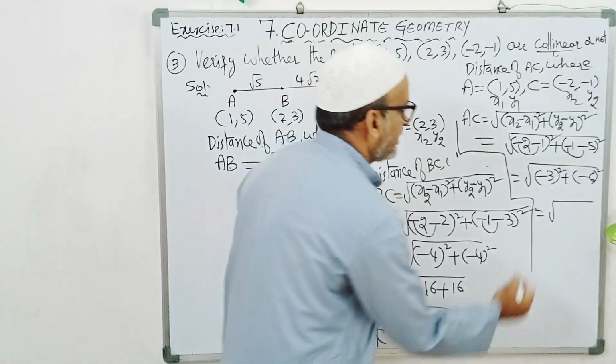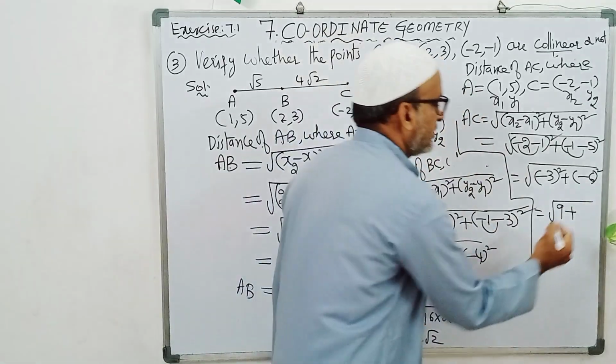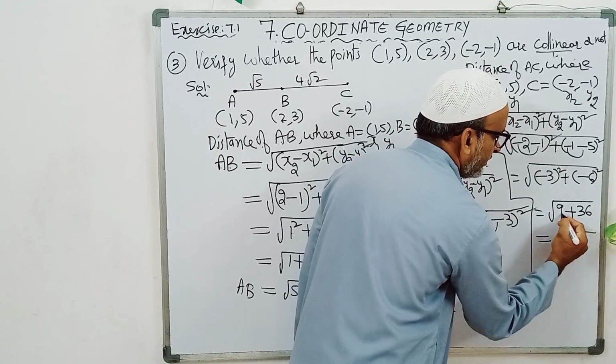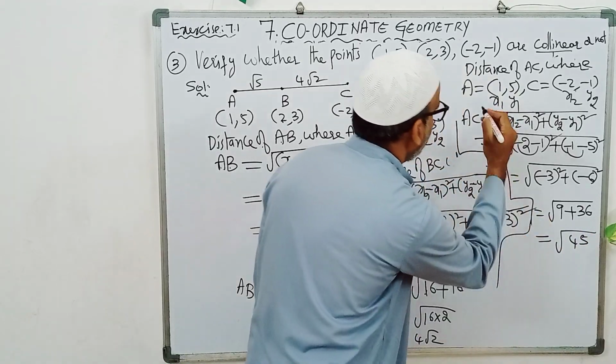Minus 3 into minus 3 is 9, plus minus 6 into minus 6, minus into minus is plus, 6 6s are 36. Square root of 9 plus 36 is 45. This is the value of AC.